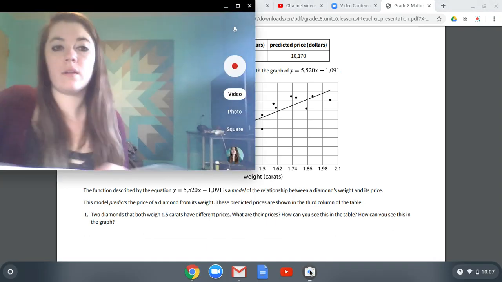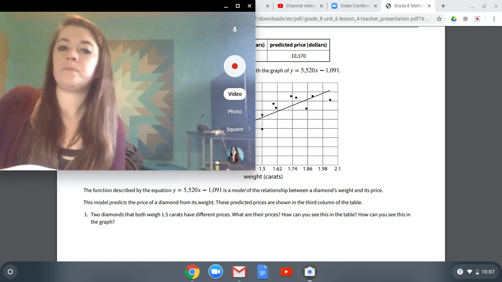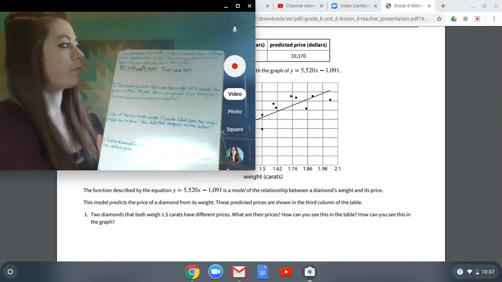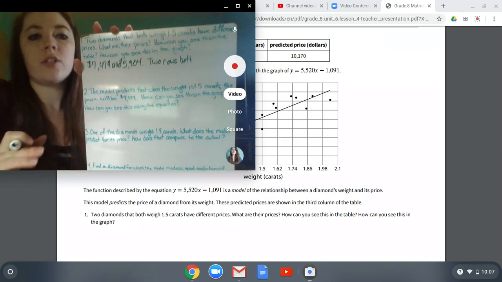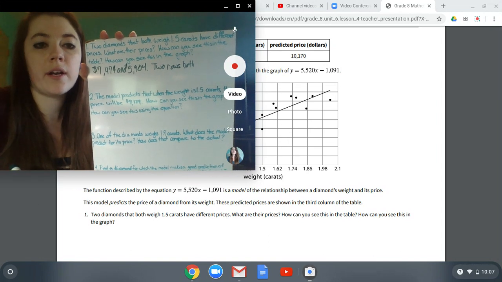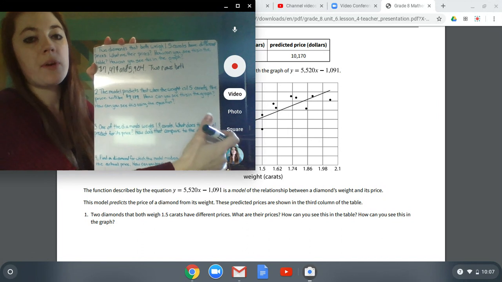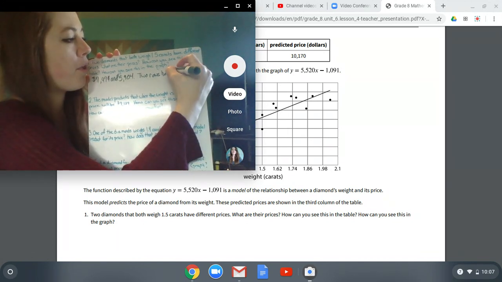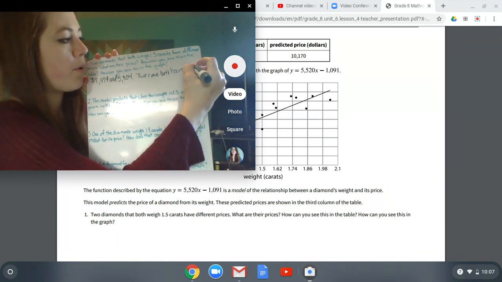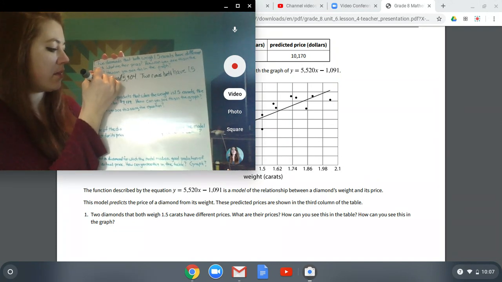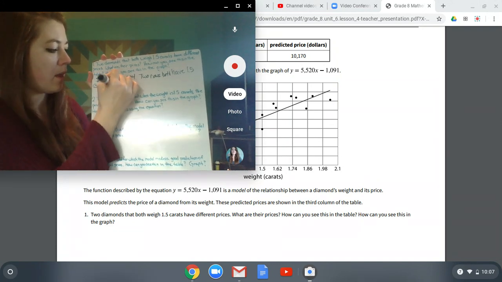So let me pull my little screen back up here. So, like I said, our 2 values were the 7,474 and the 5,904. So 2 rows, this is how we know it from the table, 2 rows both have 1.5 carats.